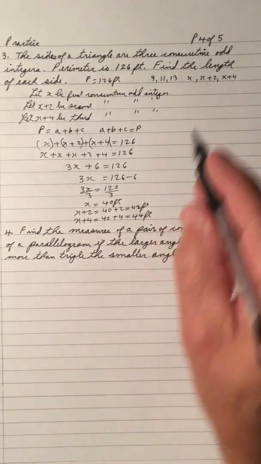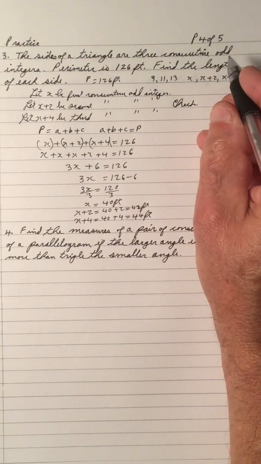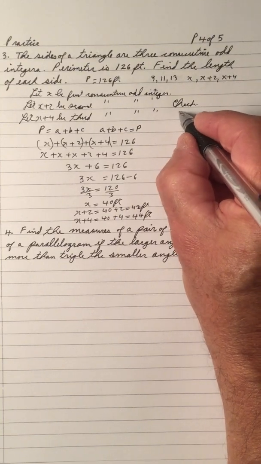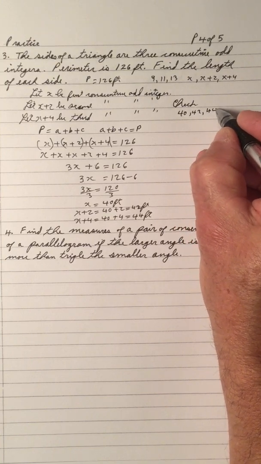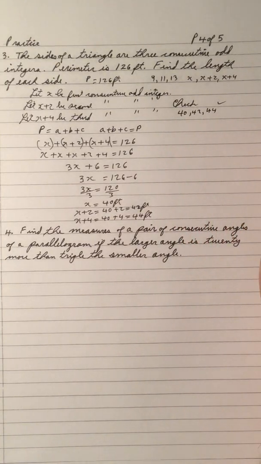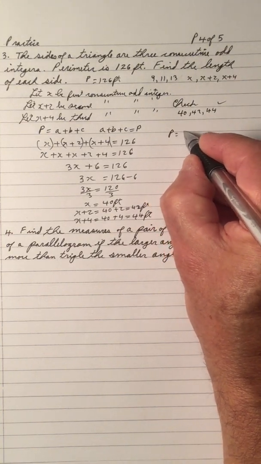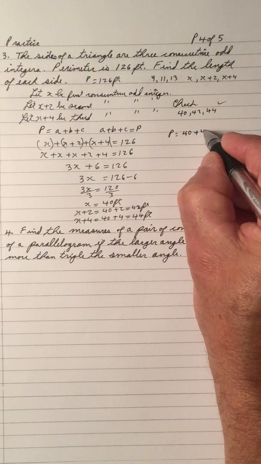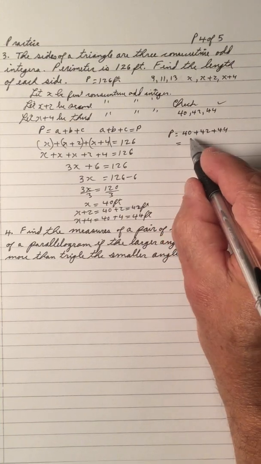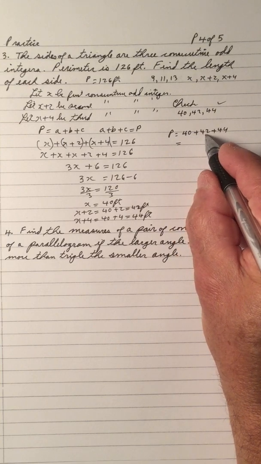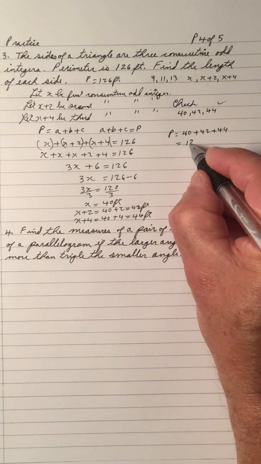And those are the sides, but let's do a quick check to make sure. They're consecutive. I have a 40, 42, and 44, so they're consecutive. And their perimeter, their sum, is 40 plus 42 plus 44, and that's 82, and 44 is 126.